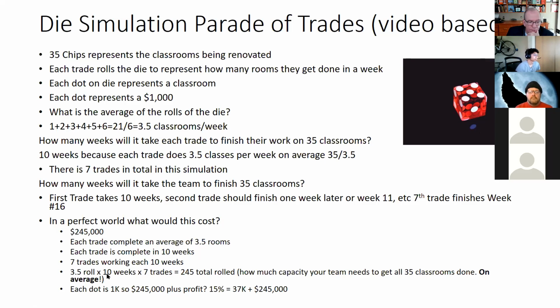So 3.5 times 10 weeks times 7 trades works out to 245 dots that are rolled, that are capacity, that are done. Each dot represents $1,000 for the work of that trade because we made it nice and even. That's $245,000. And if we allowed, say, 15% for profit, that's pretty high, we've got $37,000.